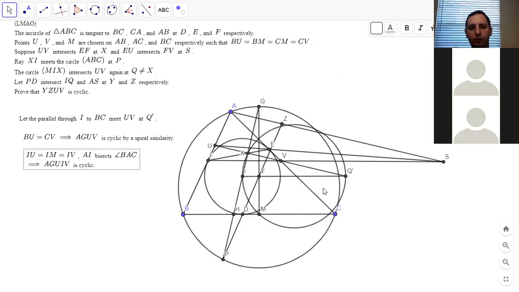But yeah, how did you know that G was the midpoint of arc BAC? First I defined G as the midpoint of arc BAC, and we proved it from spiral similarity, because we have GUB and GVC are congruent.